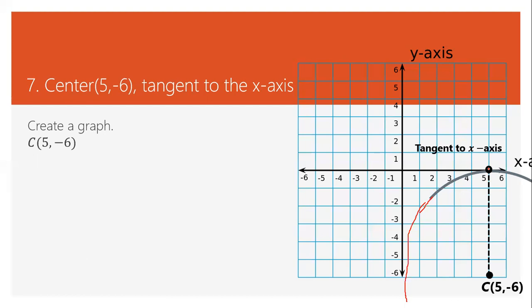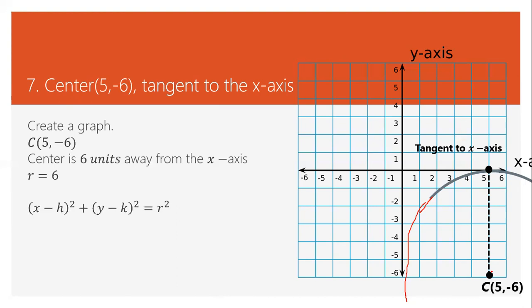So the center is 5, -6. So from the point of tangency, we will count 1, 2, 3, 4, 5, 6. So 6 is the radius. So since we have the radius and we have the center, we could have the standard equation of a circle.